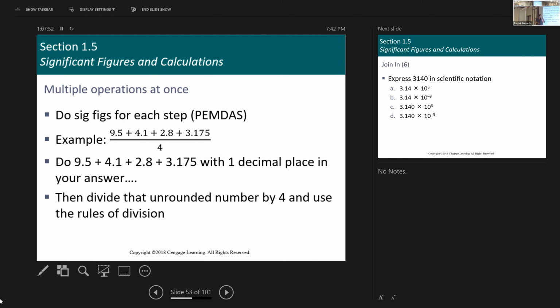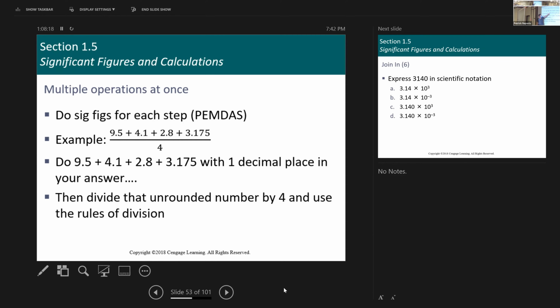You're going to use the correct number of sig figs in each step. You could break it up in different ways, but I would add the top and then divide by the bottom. That's how you're going to do it in this case.